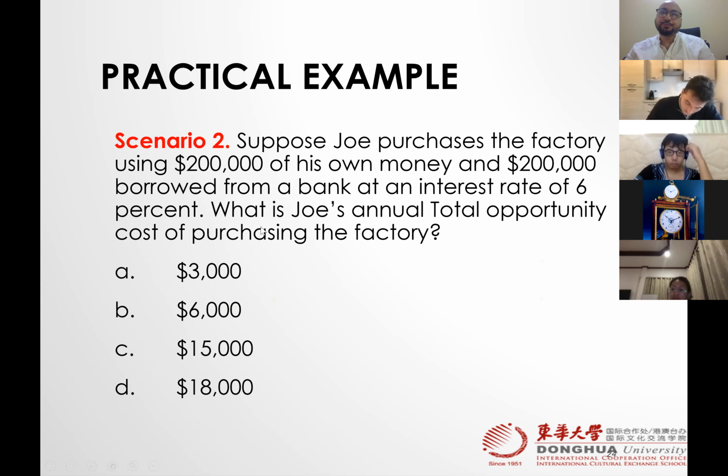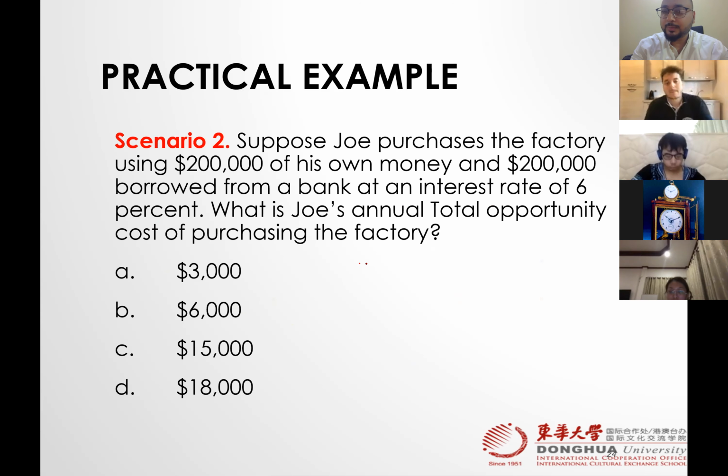Scenario 2. What if Joe purchased the factory using $200,000 of his own money and $200,000 borrowed from the bank at 6% interest? Now you see the flavor of difficulty in this question.